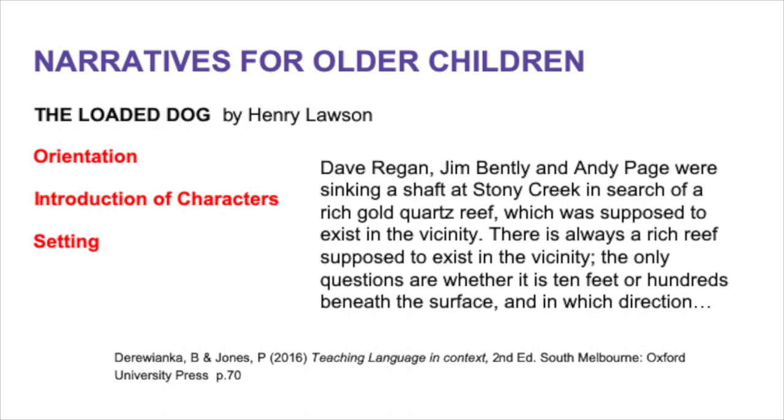The one that I took, only the beginning from it, looking at narratives for older children, is The Loaded Dog by Henry Lawson. Again, it's from your Teaching Language in Context. Just the orientation, looking at the introduction of the main characters and the setting. So you could break down some narratives according to the level that your students are at.